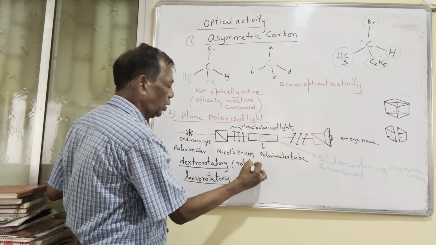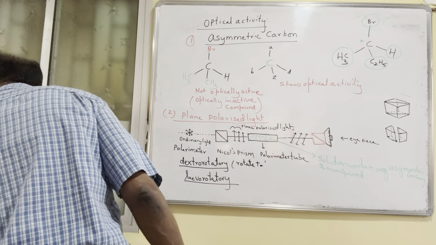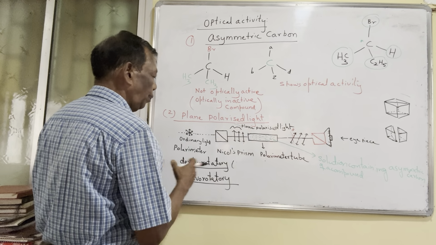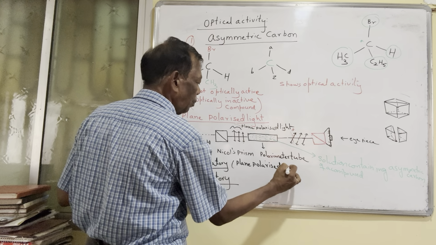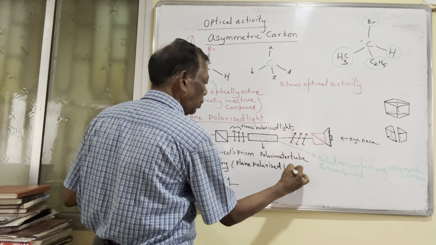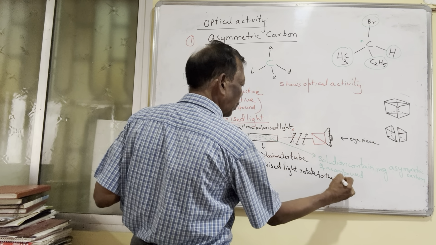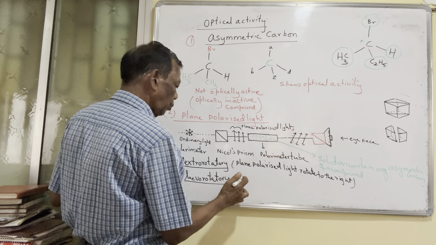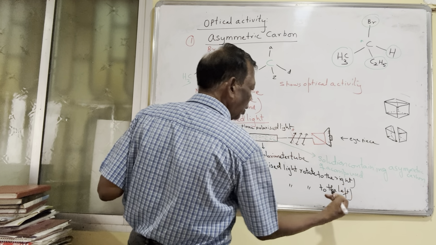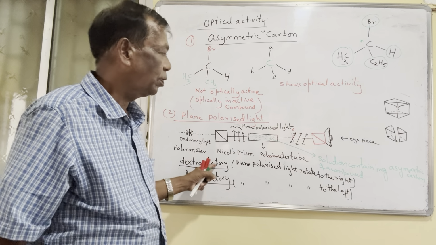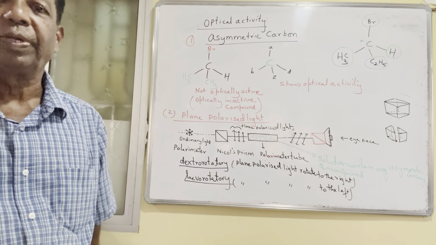Plane polarized light rotating to the right is dextrorotatory, and plane polarized light rotating to the left is levorotatory. So an optically active compound can be dextro or can be levo.